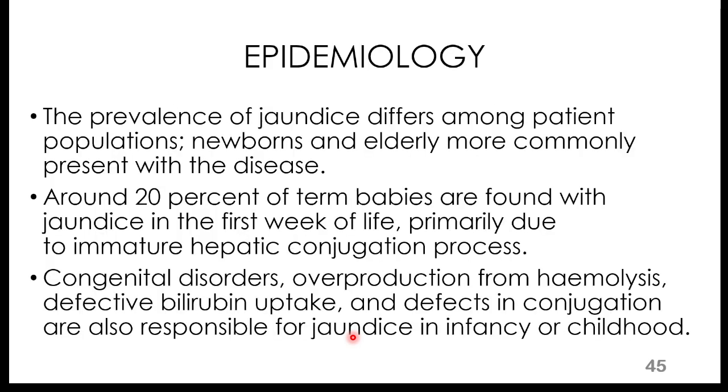Now let's talk about the epidemiology of jaundice. Newborns and elderly most commonly present with disease. As many as 20% of term babies have jaundice in the first week of life, primarily because their hepatic conjugation systems are not yet mature.